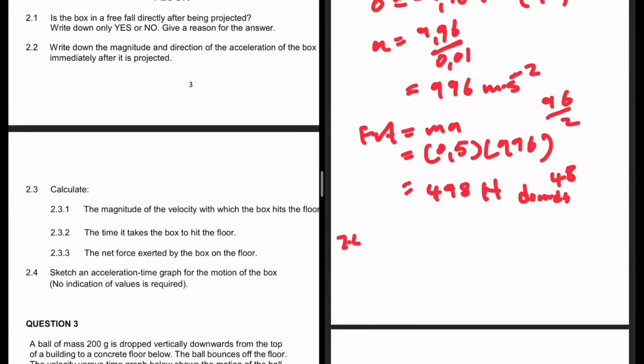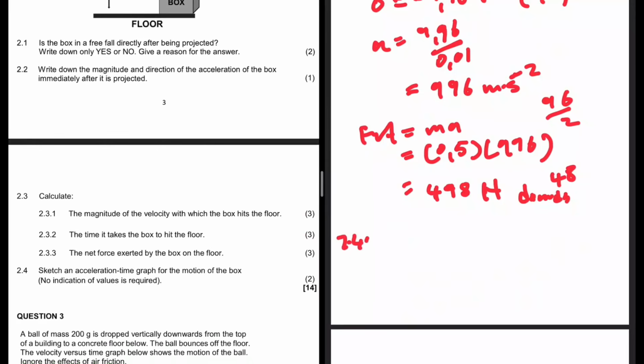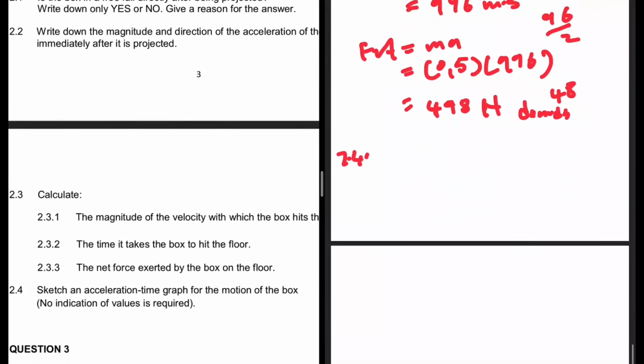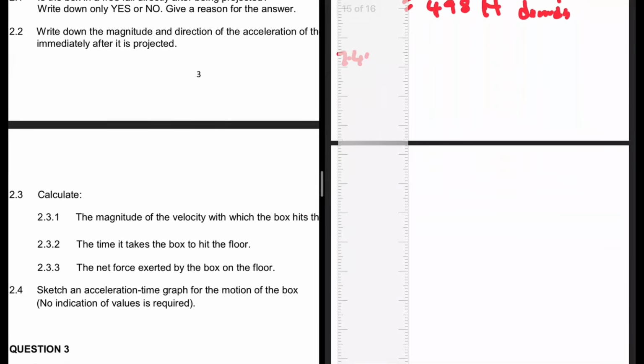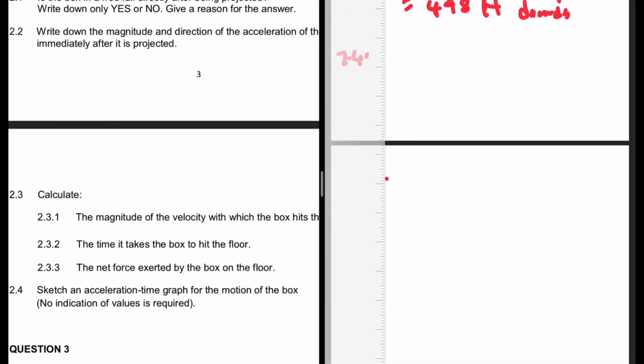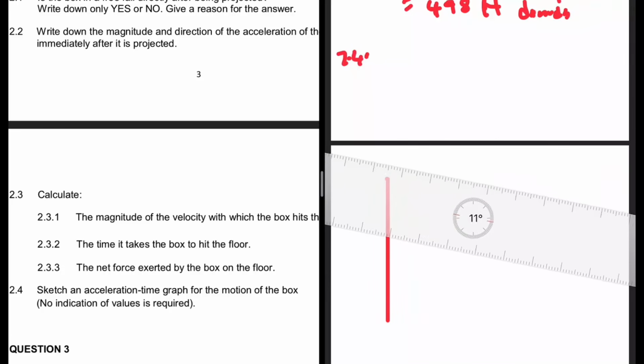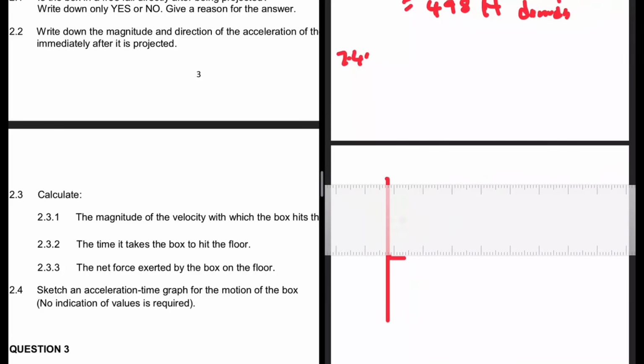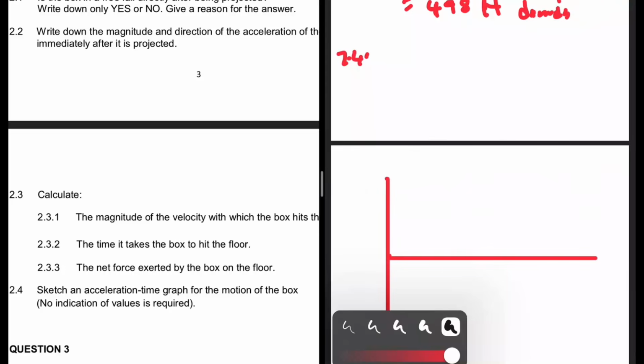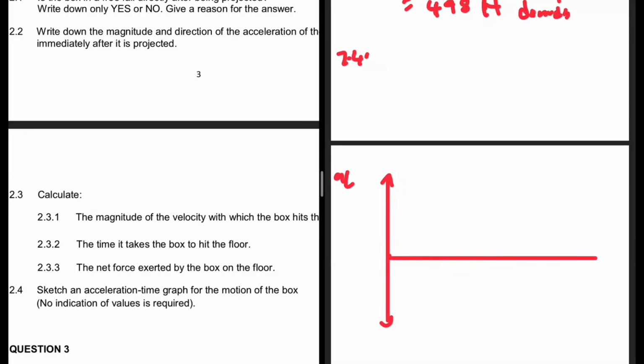What about 2.4? Sketch an acceleration time graph for the motion of the box. No indication of values is required. Right. Okay, so let's do that. So the y-axis and the x-axis. Okay, so this is the acceleration in meters per second squared.